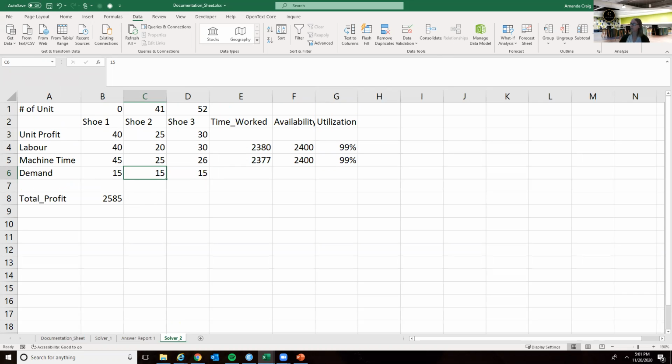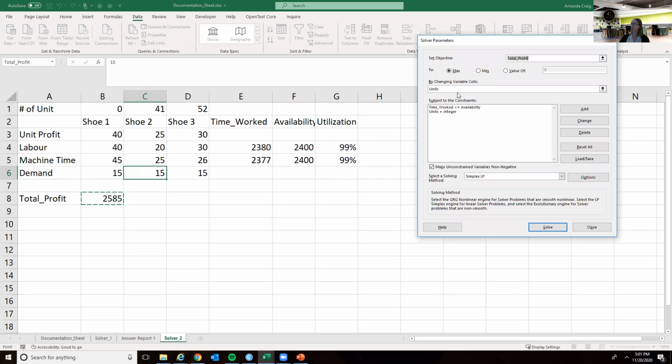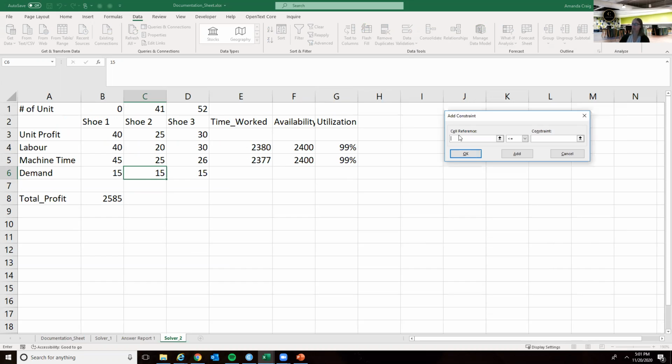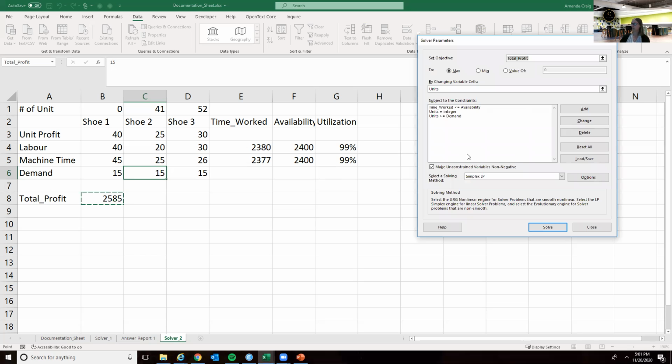And then I'm going to go into my solver and add one more constraint. You want to make sure that your units are greater than or equal to your demand. And press OK.